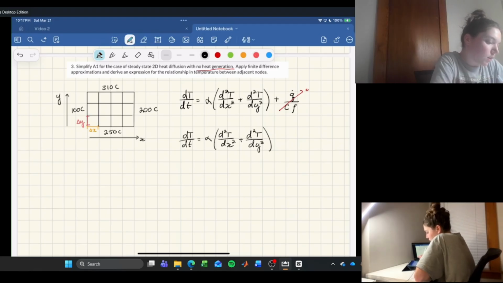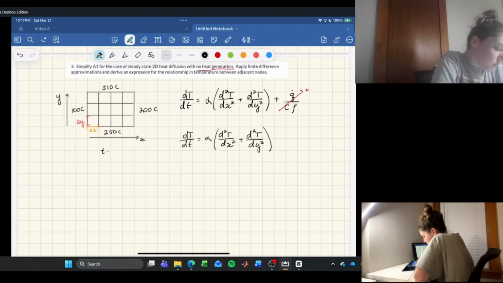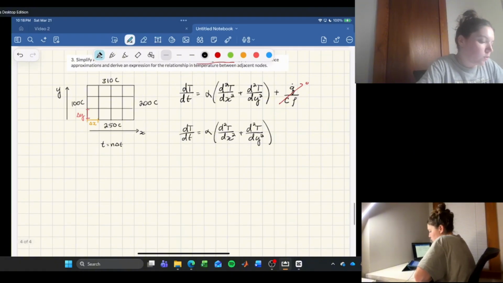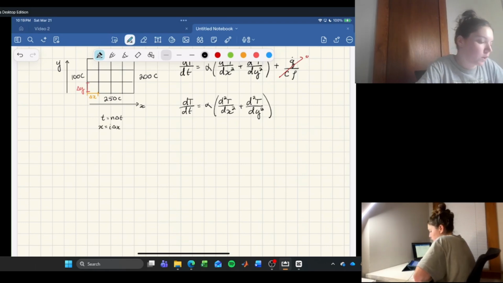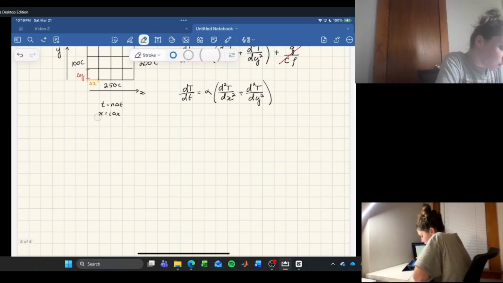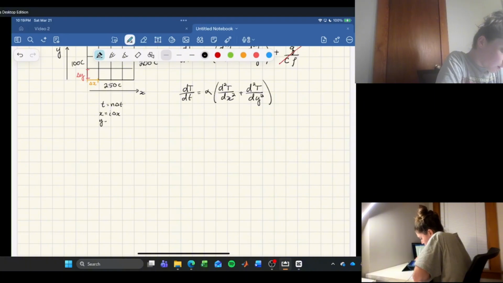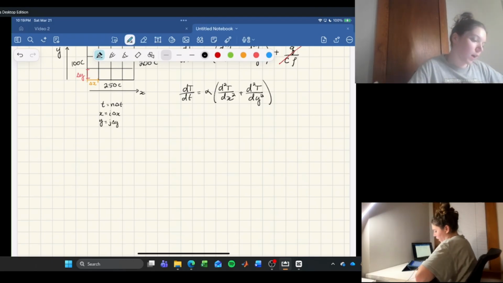So for this, let's say that t is equal to some specific time times the change in time. And then where you are in the x direction is going to be equal to i times your change in position. And then we need the y direction also. So y is going to be equal to j times the change in position along the y-axis.